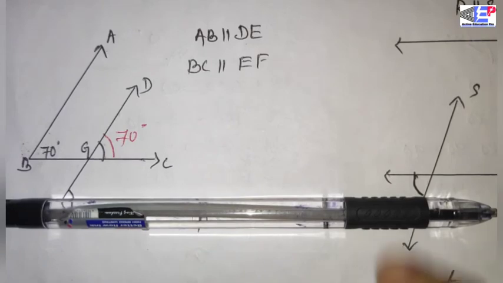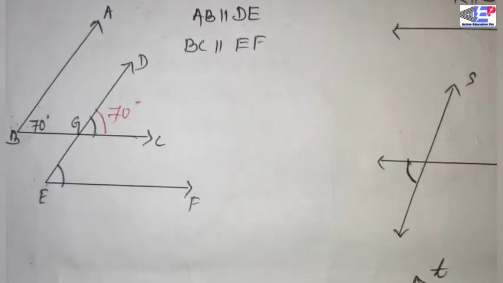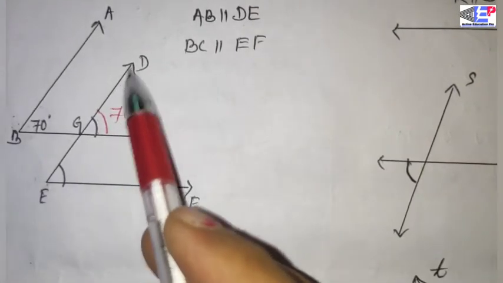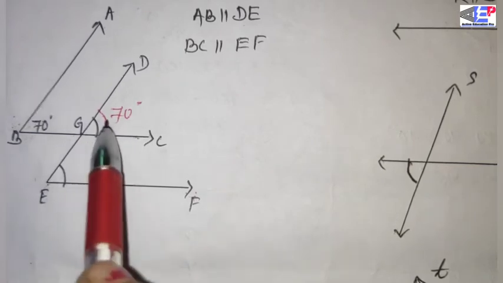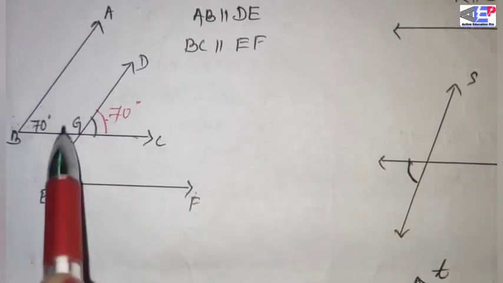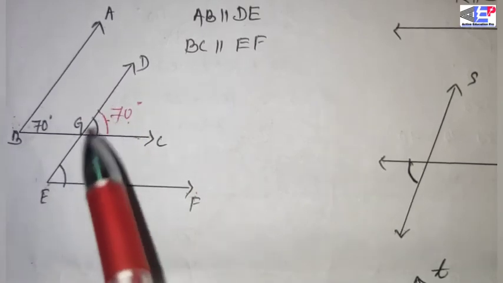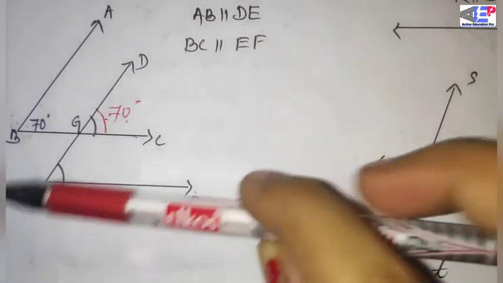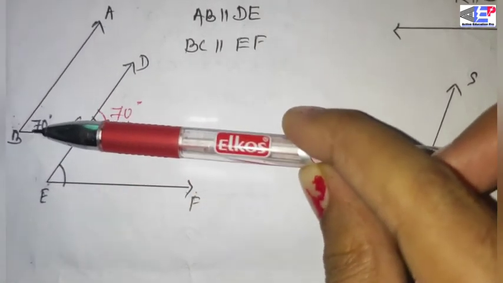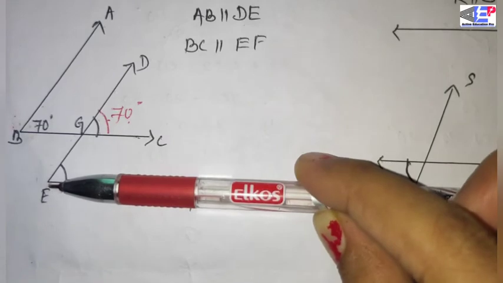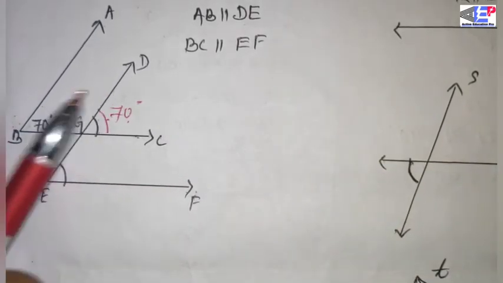Okay. Then the next angle of this question is to find out DEF. Look here. What is DEF? Where is DEF? DEF angle. So here this angle is 70 degrees. We found it by solving this question first. DGC is 70 degrees. Look here, the question also says BC is parallel to EF, and DE is the transversal ray.